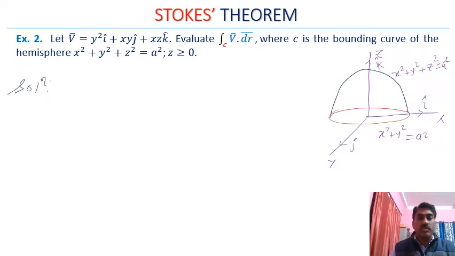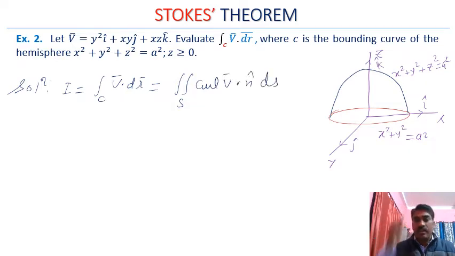Using Stokes theorem, we can write this integral v dot dr as the surface integral of curl v dot n dS, and the alternate theorem enables us to take this dS as the part of the xy plane bounded by the circle. So the outward unit normal n will be the unit normal on the xy plane.